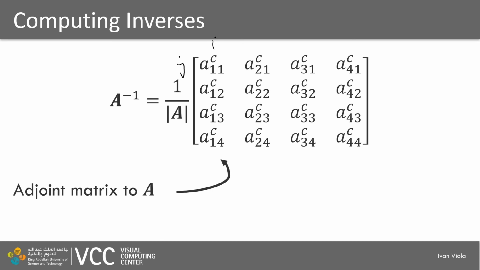And this matrix is actually called an adjoint matrix to A.